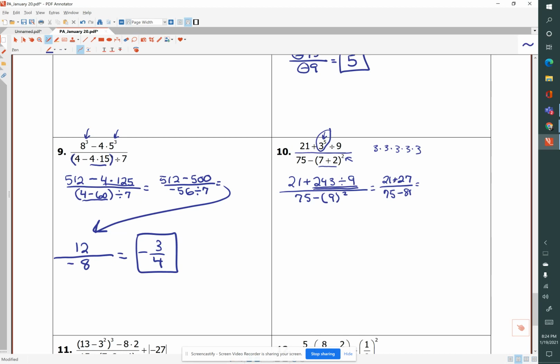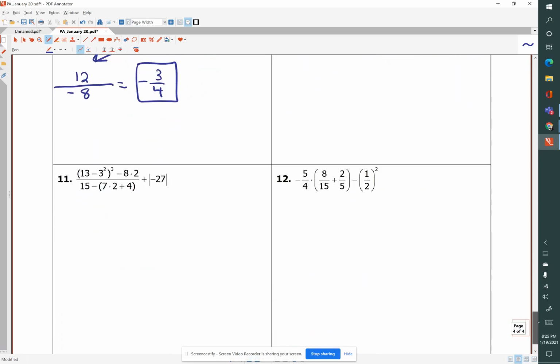It was 243 divided by 9, and there's an addition. So this is 21 plus 27, which will be 48. And then we have 75 minus 81, which is negative 6. And 48 divided by 6 is 8, and a positive divided by a negative is a negative. So our answer is negative 8.